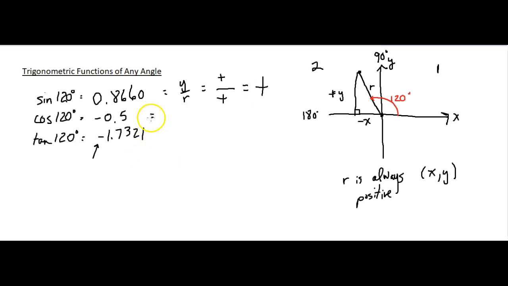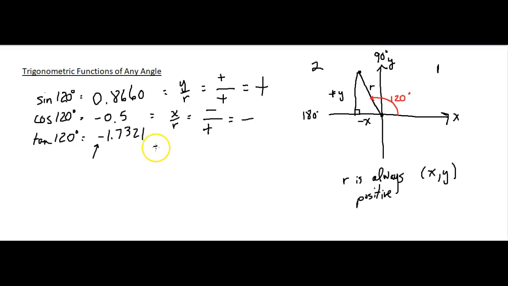For cosine, we have a negative x value in this quadrant. R is always positive. Cosine is x over r. So that means we will get a negative over a positive, and that will result in a negative.